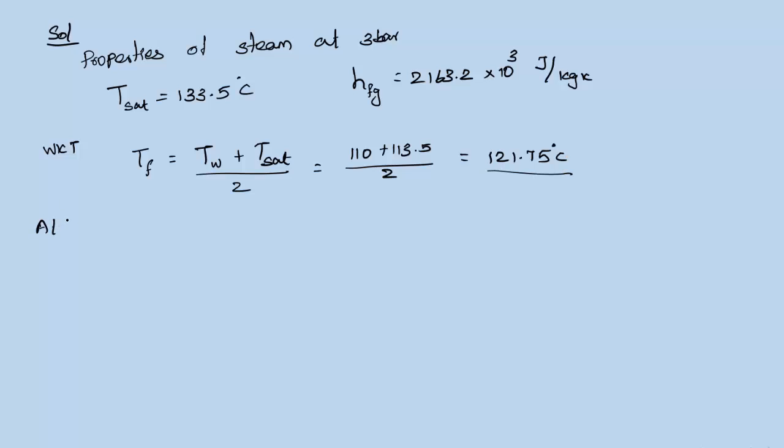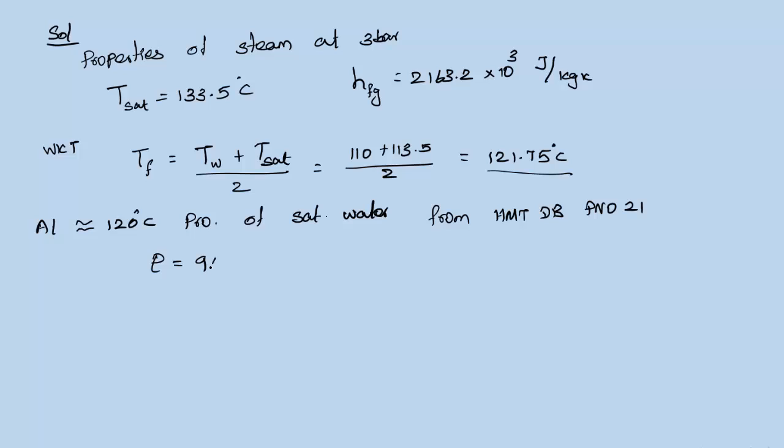So, now at approximately 120 degrees Celsius, properties of saturated water from the HMT data book, page number 21. You have to write density equal to 945 kilogram per meter cube and kinematic viscosity nu equal to 0.247 × 10^-6 meter squared per second.